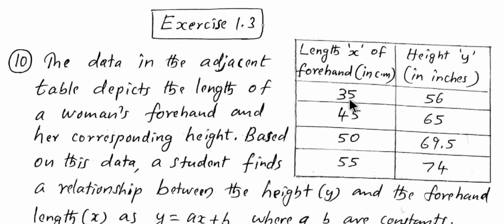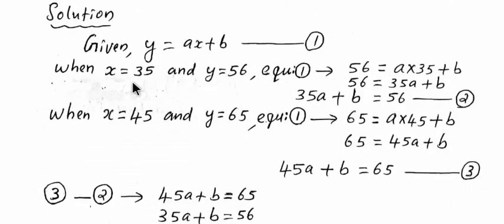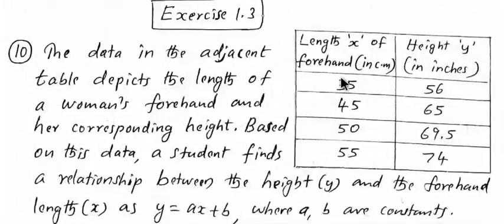When x is equal to 35 and y is equal to 56. When x is equal to 35, what's the value of y? 56.